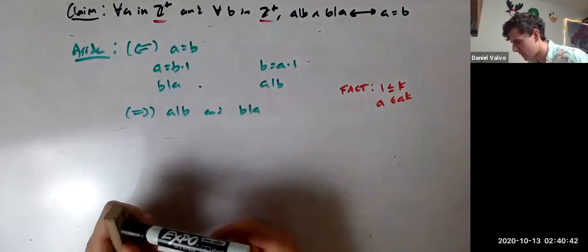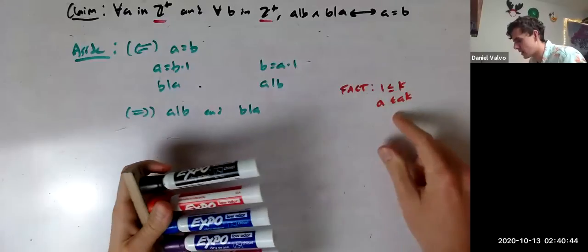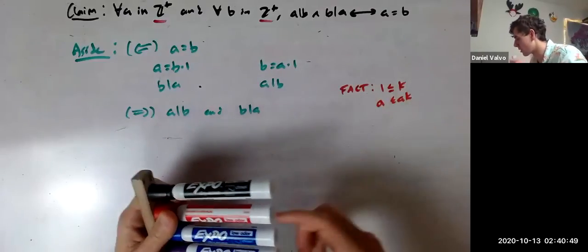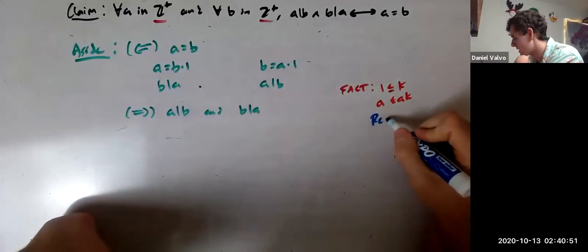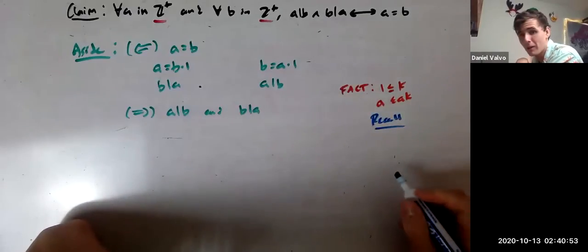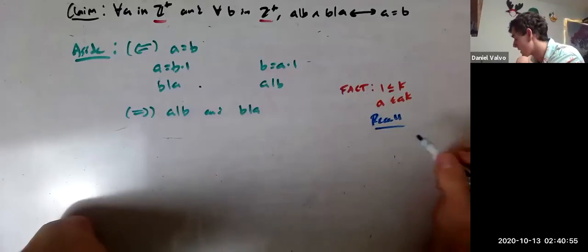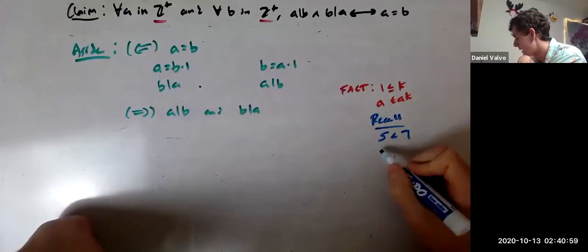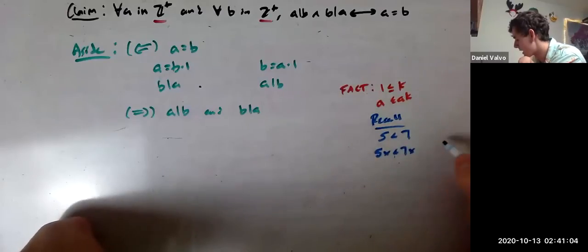And this is just by multiplying on both sides by A. Because recall, this is like an inequality fact you're allowed to know, right? Recall that, for example, 5 is less than 7, and then 5x is less than 7x if x is what?